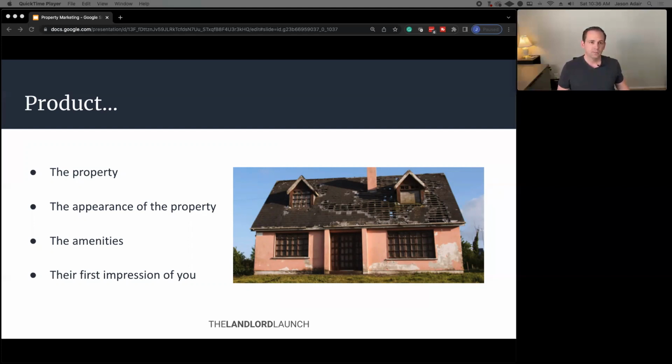Now, because you can repaint, you can put new carpet in, you can do some landscaping work, things along those lines. If your home isn't renting and you're dead set on getting your $1,500 a month, well, if it's not renting, that means that what people are seeing, at least in their mind, is not worth paying $1,500.